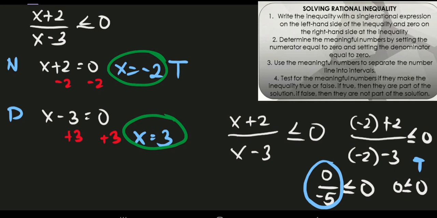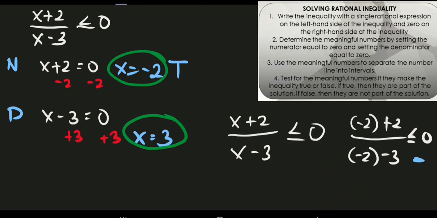Next, let's try to use our denominator. What will be the value of our function if we have 3 as the value of x? Let's erase this one, and then we have positive 3 for the values of x. Therefore it will give us 3 plus 2, which is 5, over 3 minus 3, which is 0, and that is less than or equal to 0.